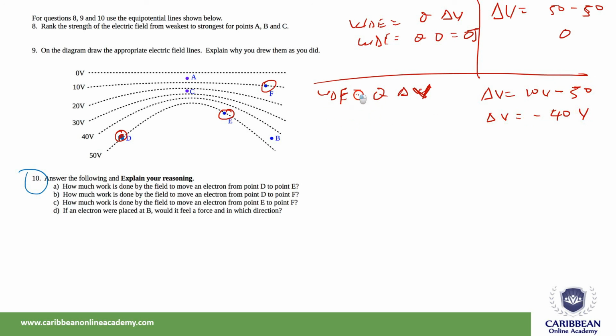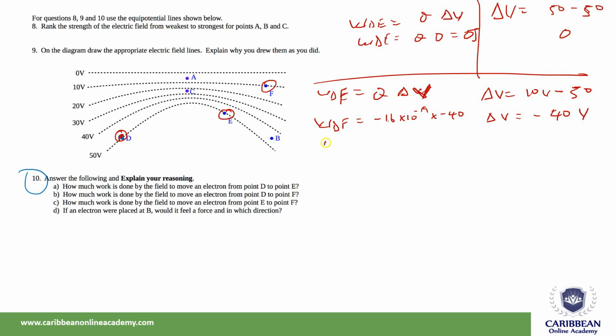So if we go into our equation now to find the overall work that was done by the field, now, be mindful, I'll explain it to you later. Negative 1.6 times 10 to the minus 19 times negative 40.